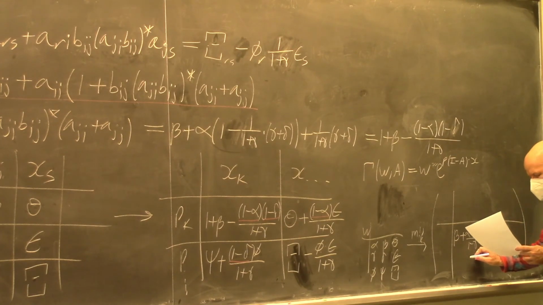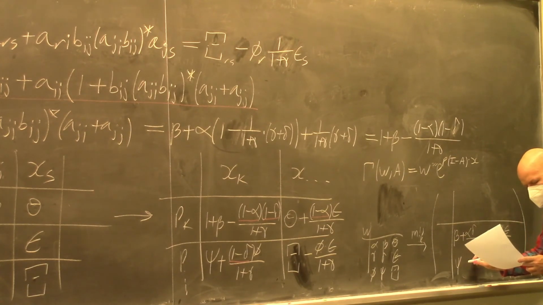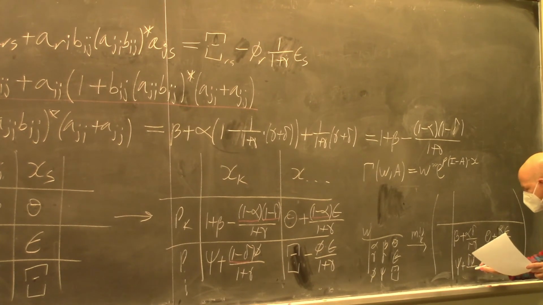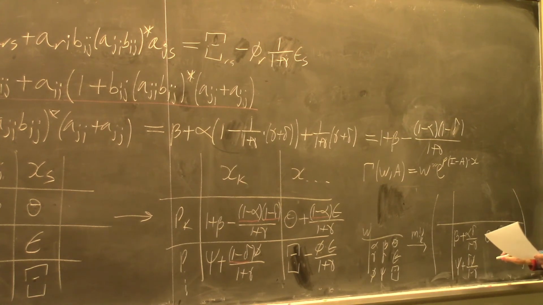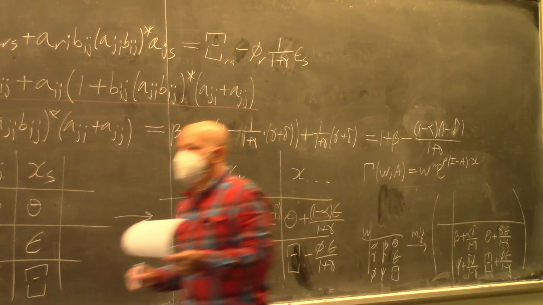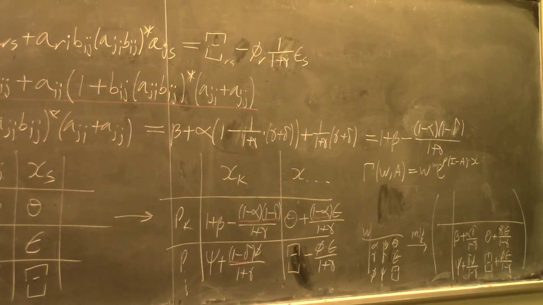Finally, psi plus delta phi divided by 1 minus gamma, and psi plus phi epsilon divided by 1 minus gamma. How much time do I have? About a minute and a half.